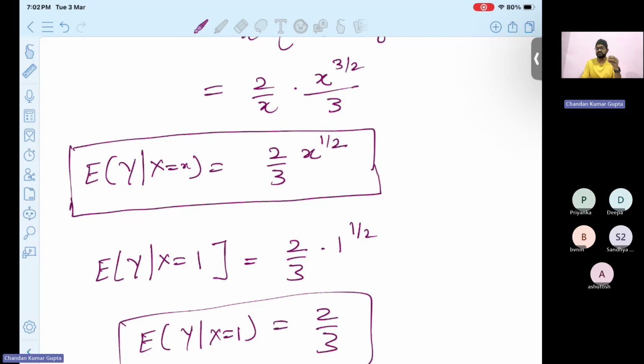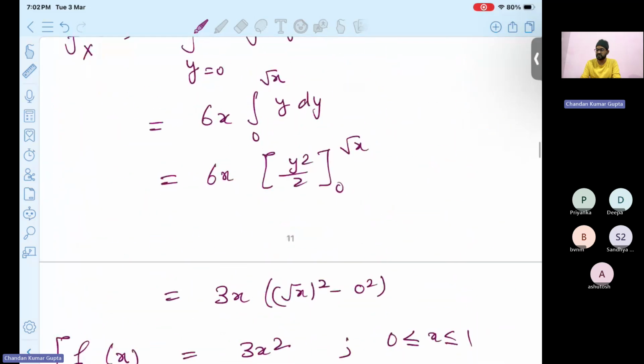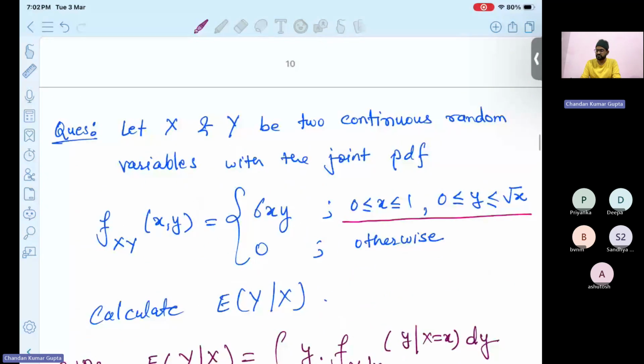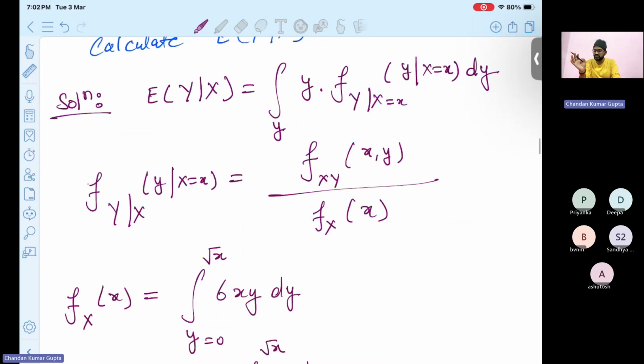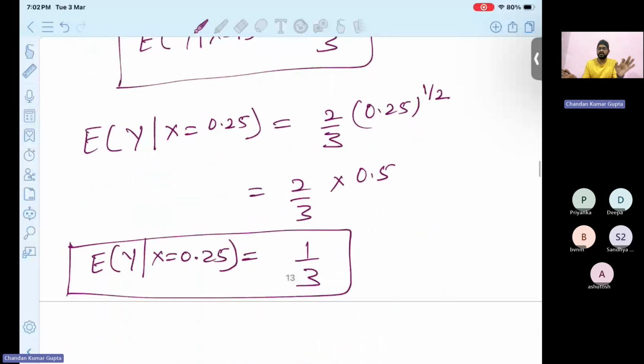You can consider x equal to 1, x equal to half, or any value within the support 0 to 1, so we consider only values that lie within 0 to 1, including both. It comes out to be these kinds of numerical values.